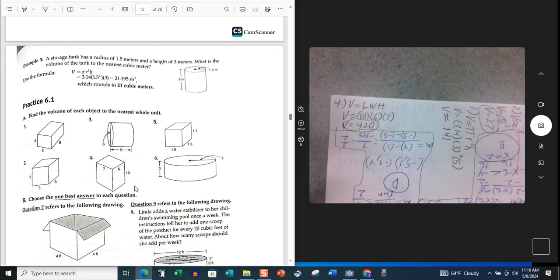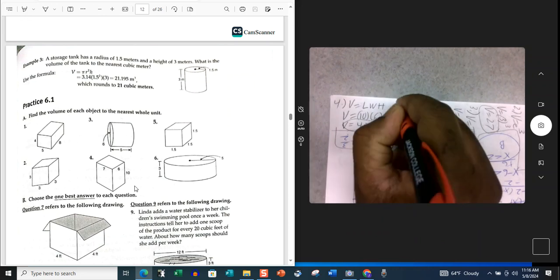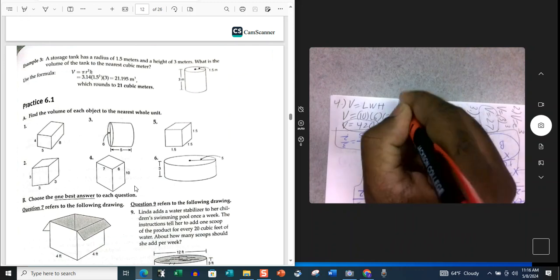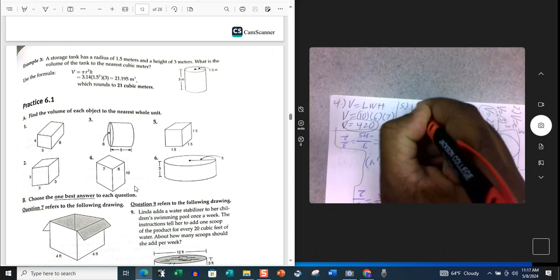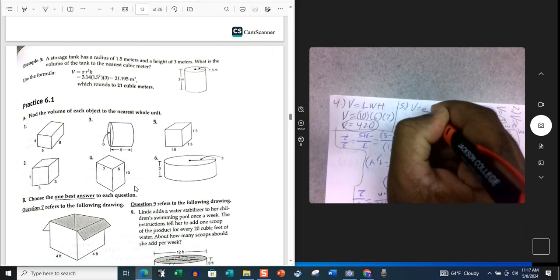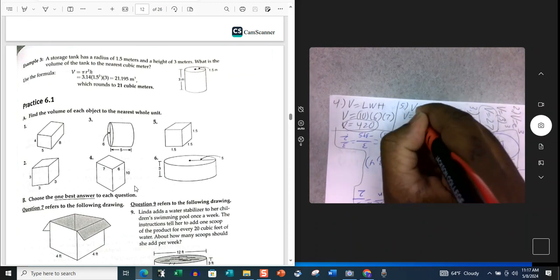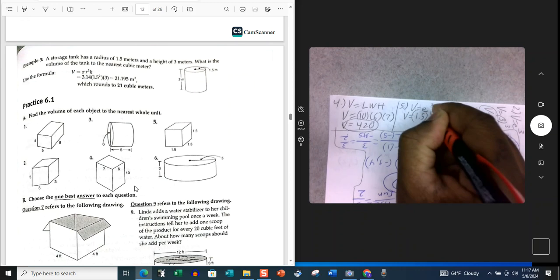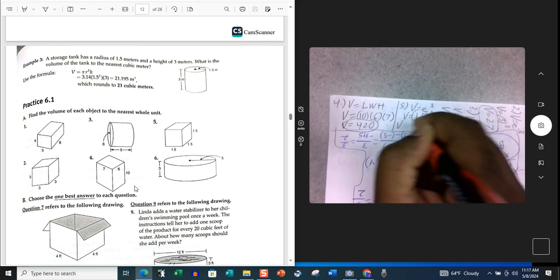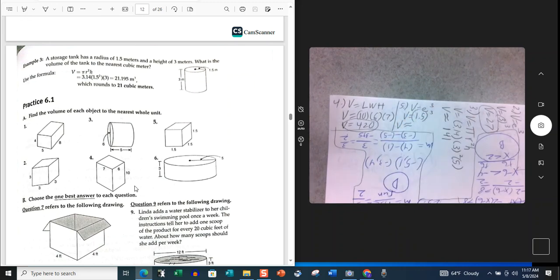All right, now number 5, you notice that all sides are the same. So we know that we will use the formula for the cube. Volume is equal to the edge cubed. Volume is equal to 1.5 to the third power. And we're going to put an approximation because we're going to have to round to the nearest whole number here.